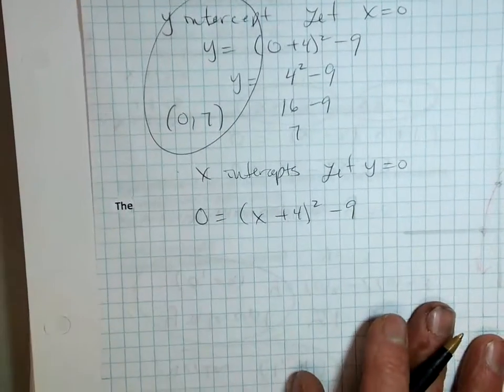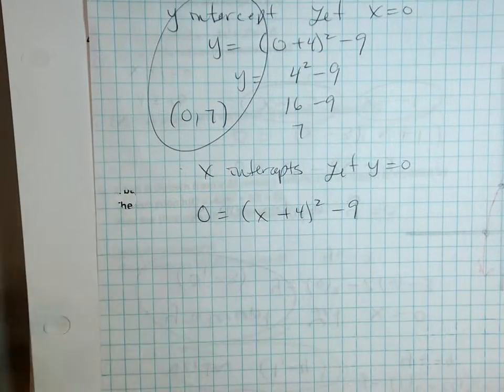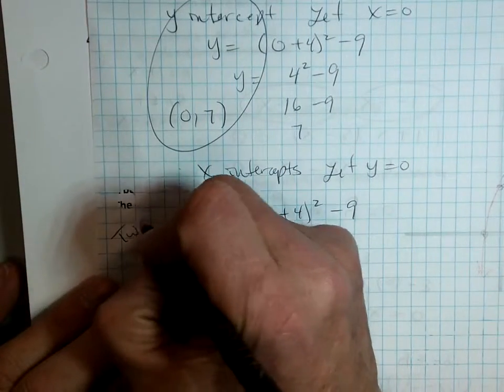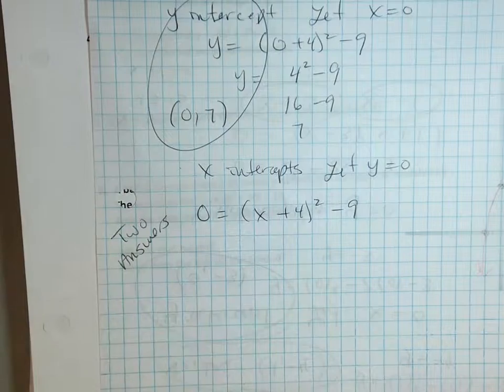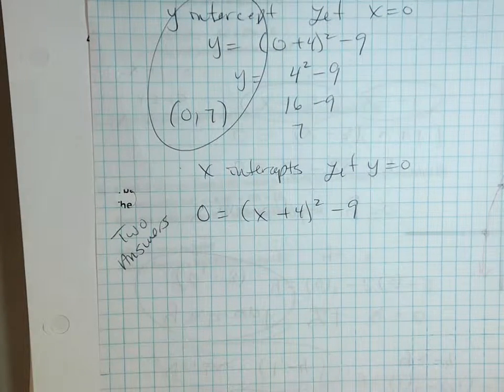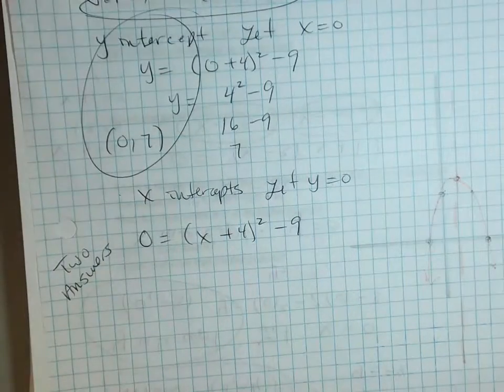Now, 2 answers, okay? You guys agree with that? Got to have 2 answers, because we know that they cross the x-axis twice, right? So let's see how we get 2 answers.